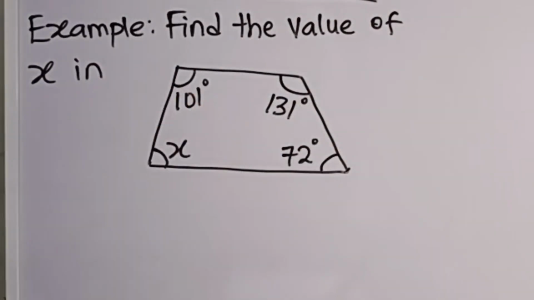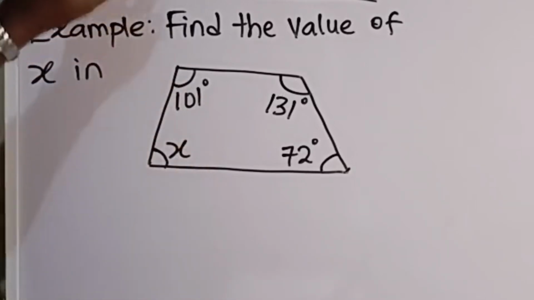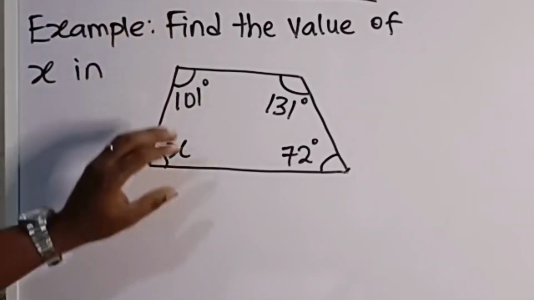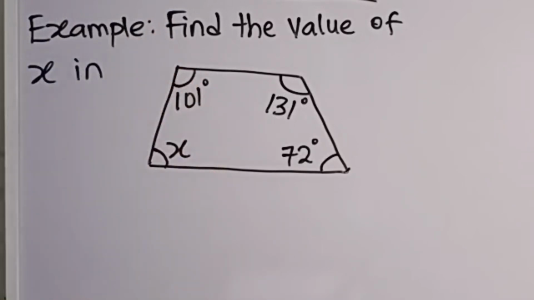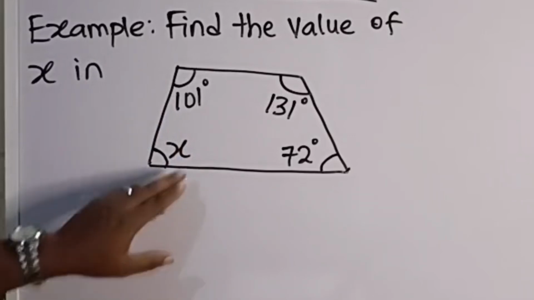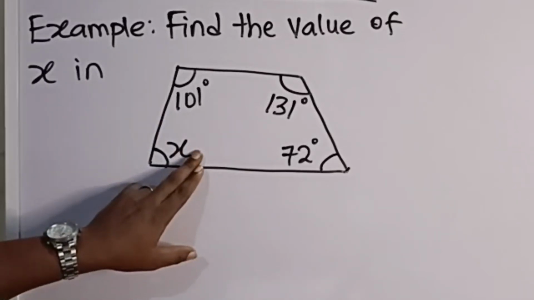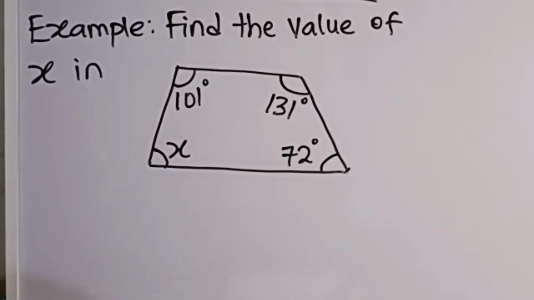In this situation, we're expected to find the value of x. This principle comes in handy when you have a missing angle in a quadrilateral. Using the principle that the sum of angles in a quadrilateral is equal to 360 degrees, you can easily find this missing angle. So we know that the sum of angles in a quadrilateral is equal to 360 degrees.